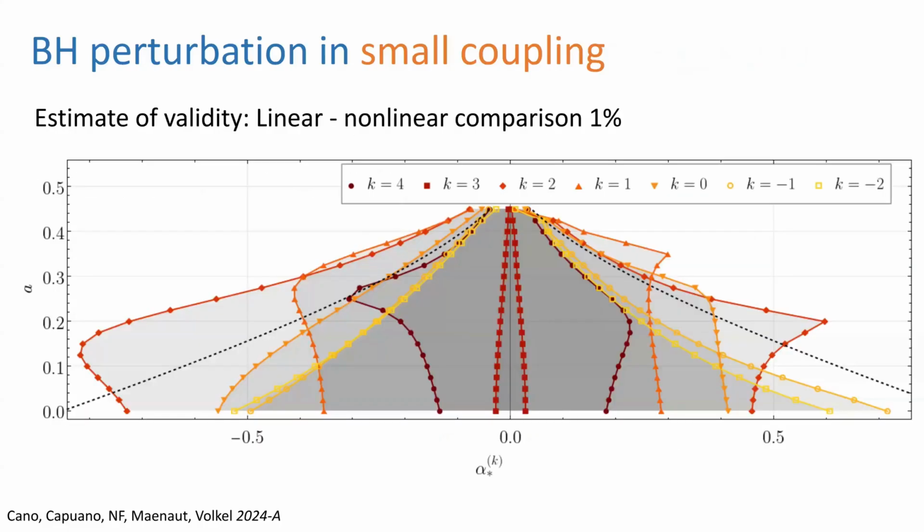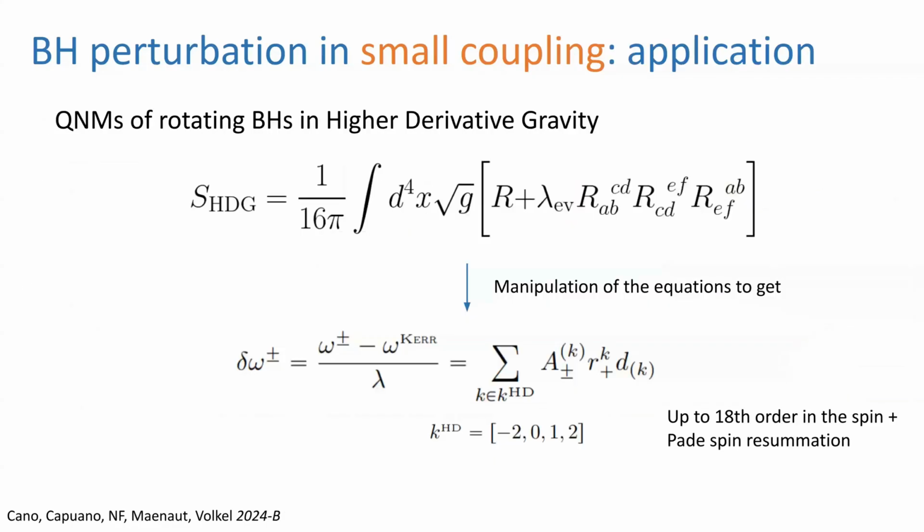The same thing I was saying here, but here this has been done varying one alpha_k at a time. So when I say k equals 0, I mean that all the others are 0. But for this case, we switched on all the corrections and compared the nonlinear against the linear, and asked what is the maximum value of lambda at which we can trust our results in the linearized case?